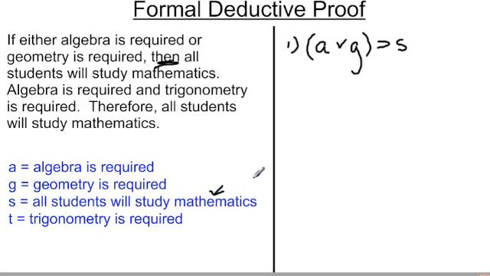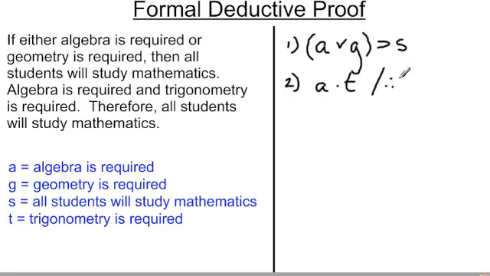All right? So that's our first statement. Our second statement states that algebra is required and trigonometry is required. And so we have our 2 terms, A and T. And this leads us to our conclusion.